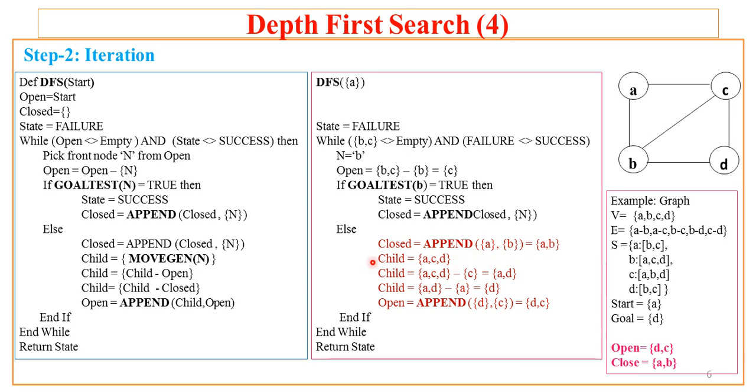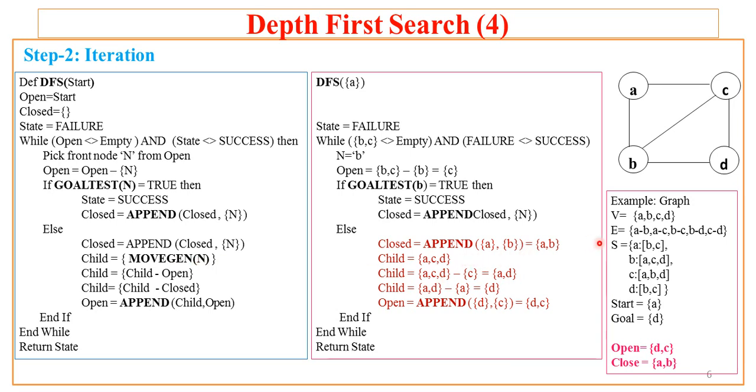Now here the moveGen function is called for B because B is not the goal node. That's why we have to explore the children, that is the immediate successors of B, and that is done by this moveGen function. Just focus on the line of the algorithm which I am pointing at here. So here moveGen of B is called.